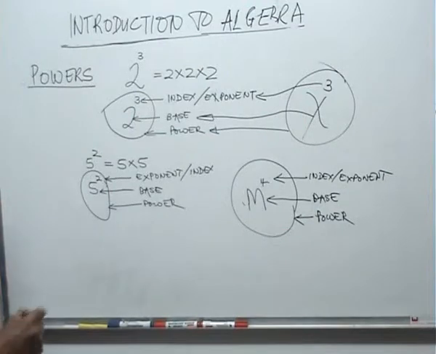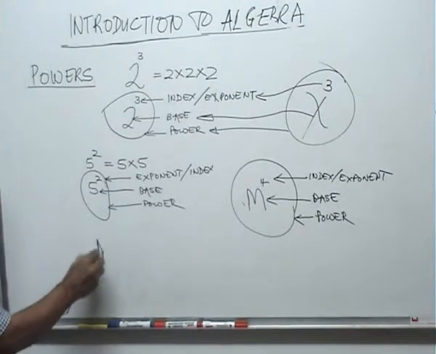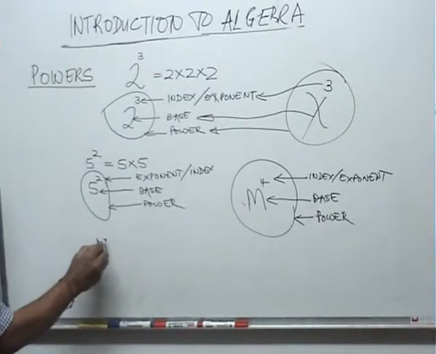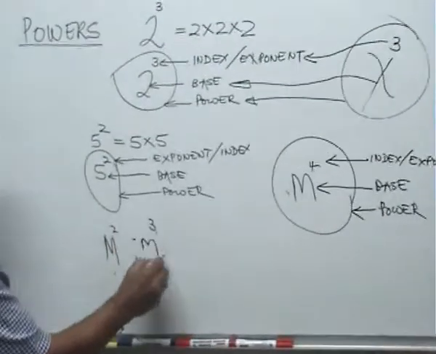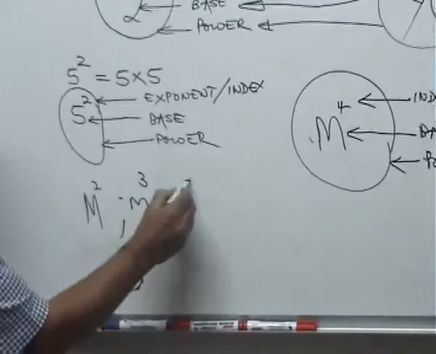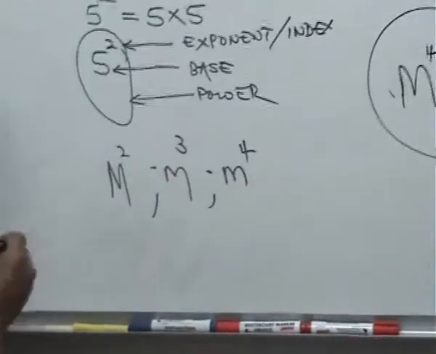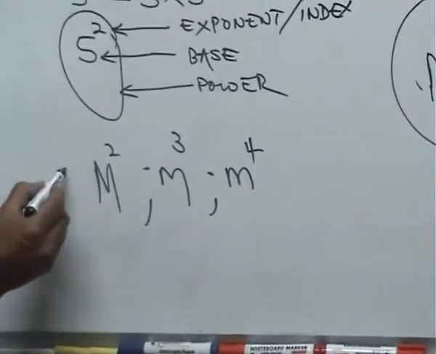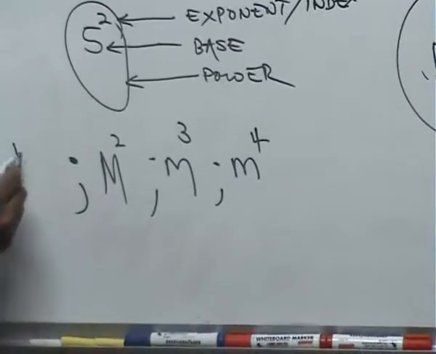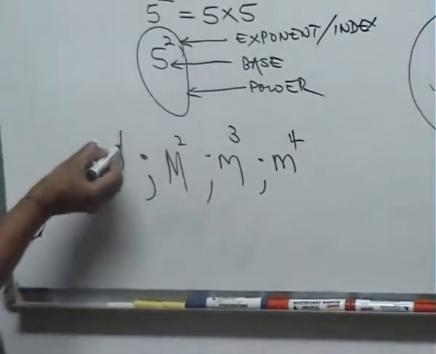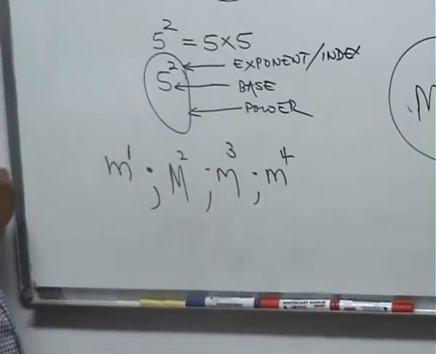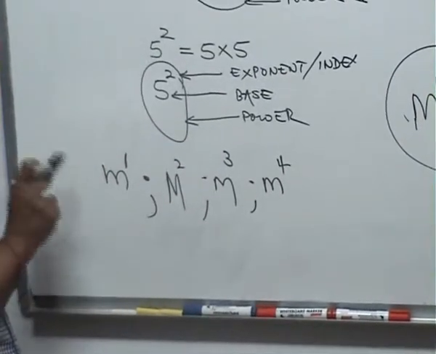So let's take another example of a power. If you take m squared, m cubed, m to the 4, these are all examples of powers. Now you must understand that even m is a power, because the 1 is not written here, it is understood. So in maths, a lot of things are understood.